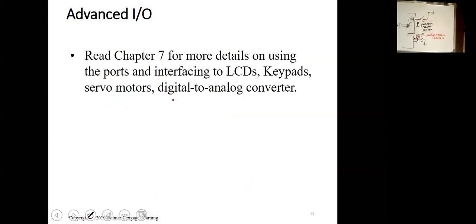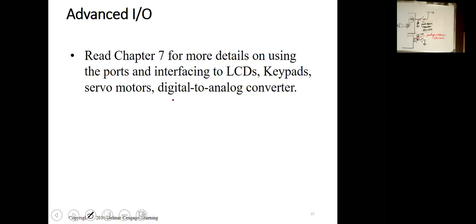Now, these are just examples of simple input-output devices: the LED, the 7-segment display, the buzzer, and the input switches. More complex or more advanced devices are explained in Chapter 7.